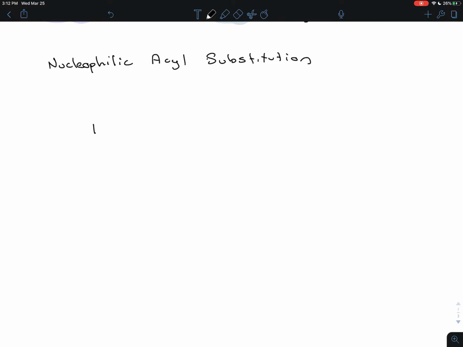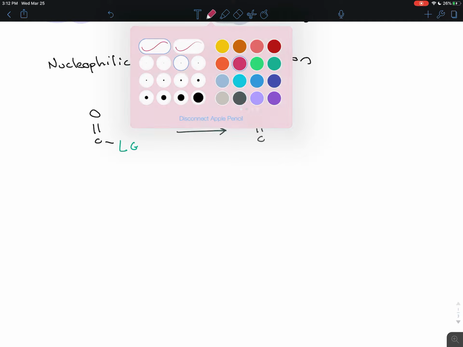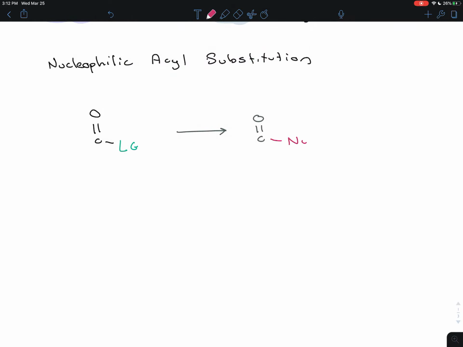So an acyl group, remember, is carbon double bonded to oxygen. Sometimes you can have a leaving group attached to that carbon, and you can do a reaction where the leaving group gets replaced with a nucleophile. So it involves a nucleophile, so it's nucleophilic.